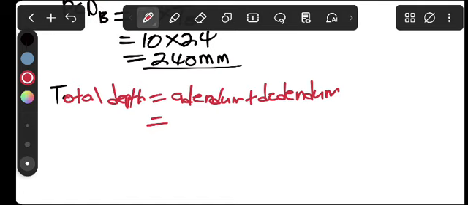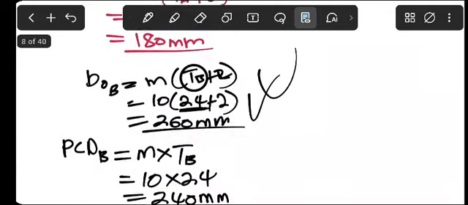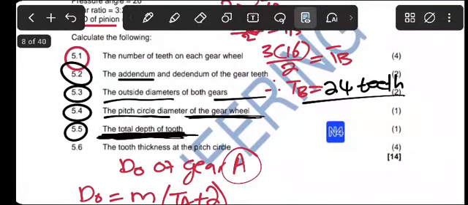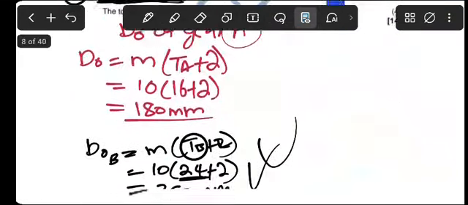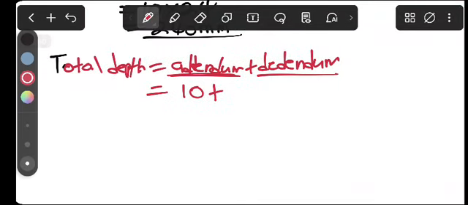Whereby we know the addendum is the same as modulus, whereby modulus is 10. We did calculate dedendum here, if I still recall, but I forgot the value of dedendum because I've erased it.